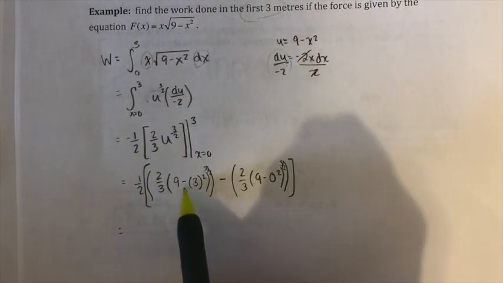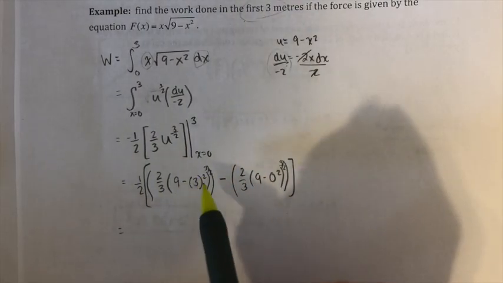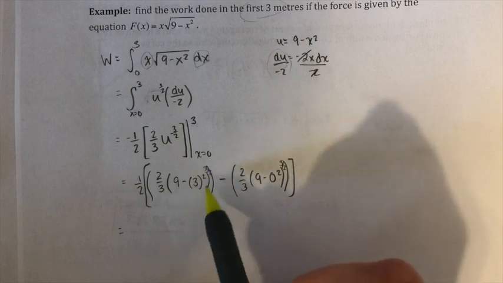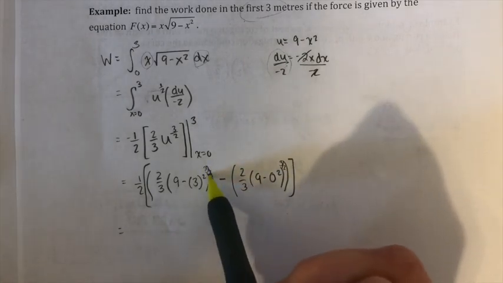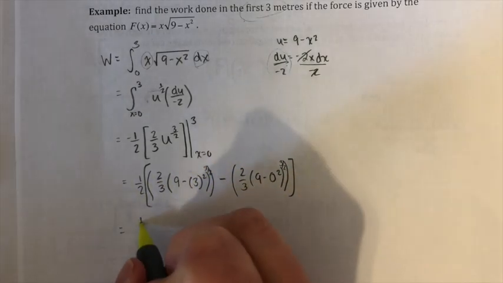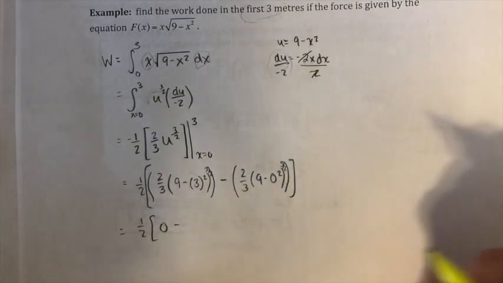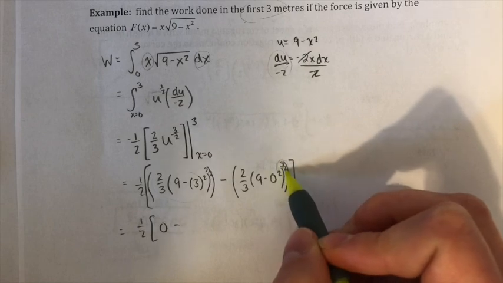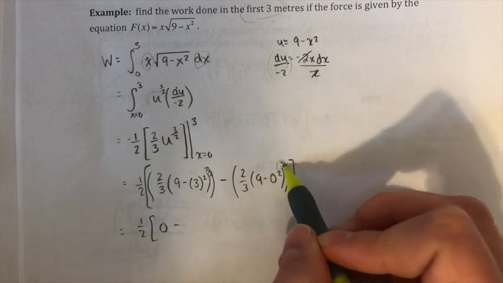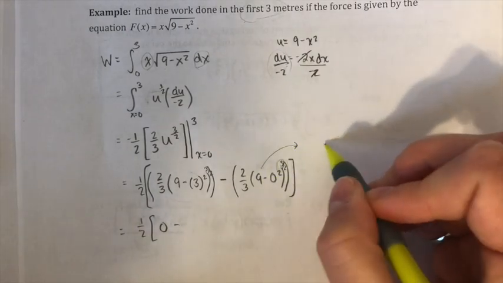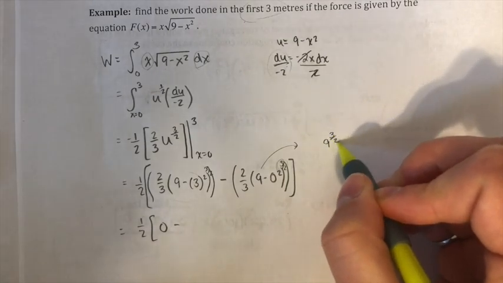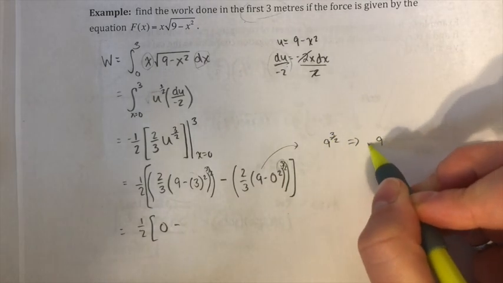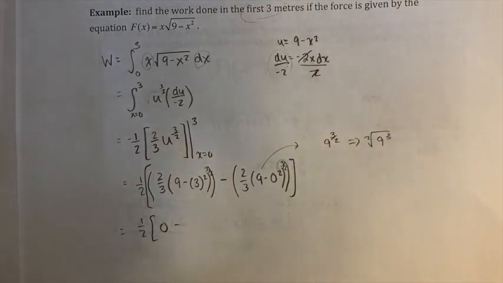So we've got 9 minus 9 is 0, so that's nice. 0 to the exponent of 3 over 2 is still 0, so this whole thing is 0, so it's 1 half of 0 minus 9 to the 3 halves. So think about if we rewrote this as 9 square rooted, cubed, right?